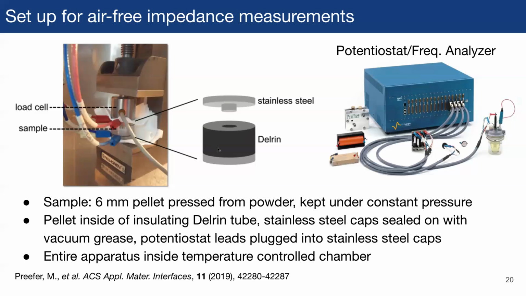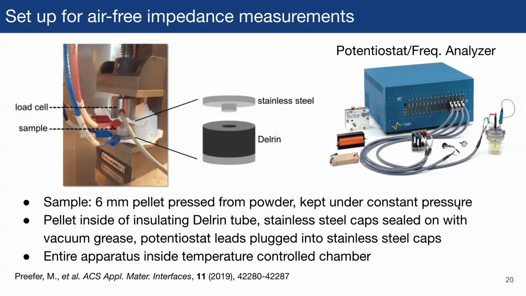By the way, all of this sample prep occurs within the glove box, at least for me. And we close the cell and then we put it into this vise here that is inside of a temperature controlled chamber. And we also include a load cell on top as we clamp down with the vise in order to know that we're applying a constant pressure throughout our measurement.